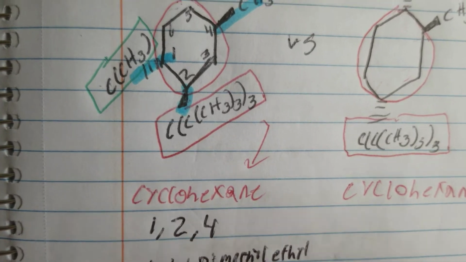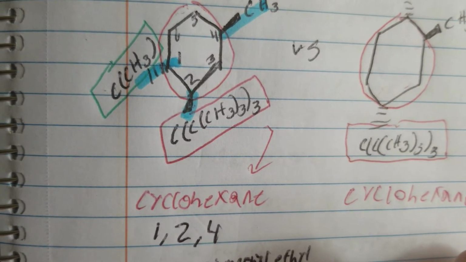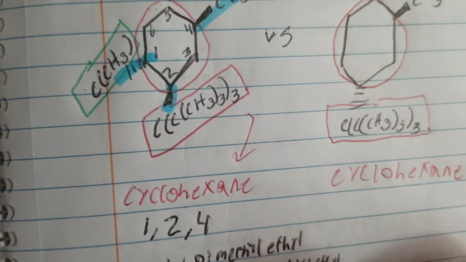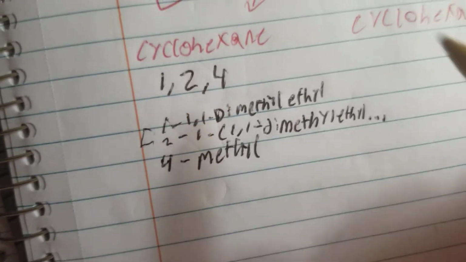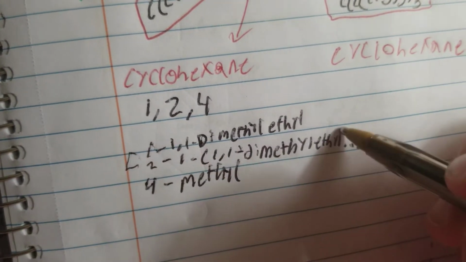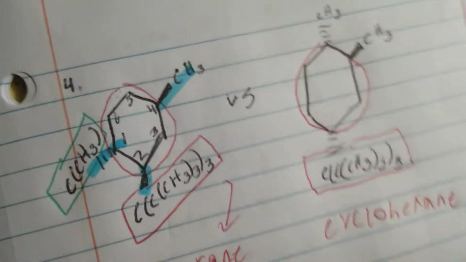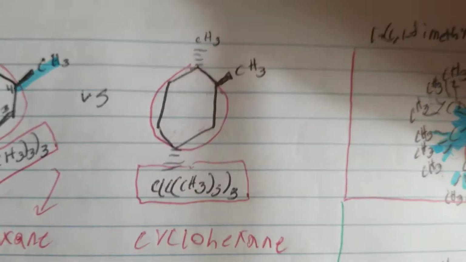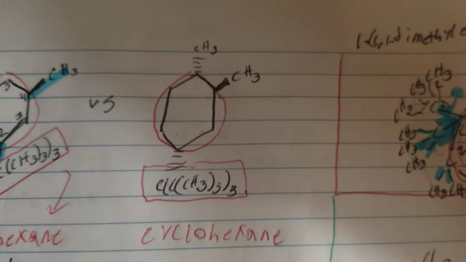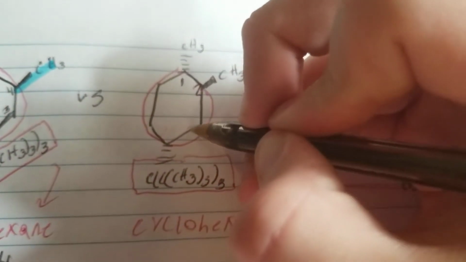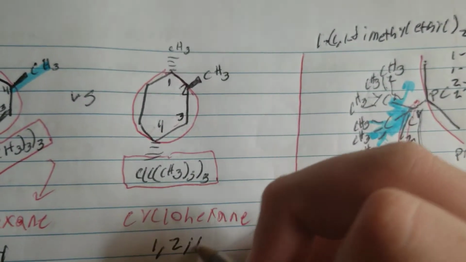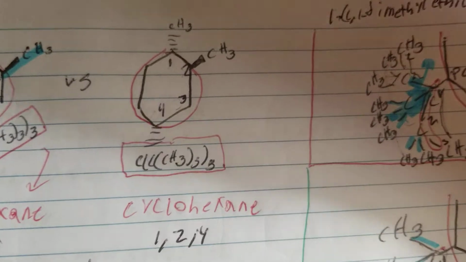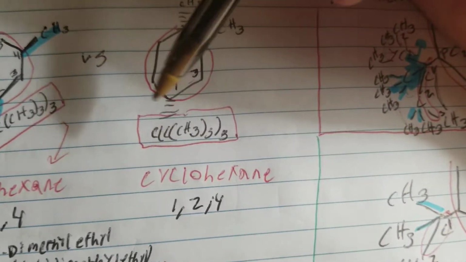The problem is less concerned with naming than it is knowing where this is, and so I will do the same here, just for sake of time and simplicity. So over here, we also have to do a numbering system, and we'll also end up with 1, 2, 3, 4. So 1, 2, and 4. And because we don't need to name things here, we just need to find out which is the more stable.